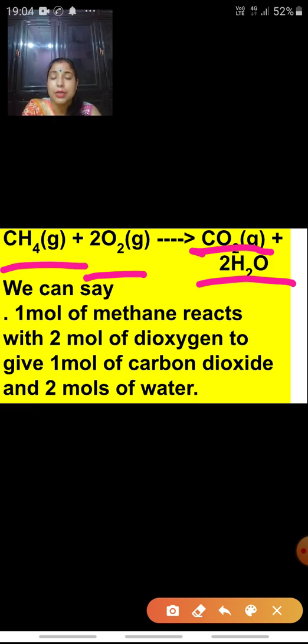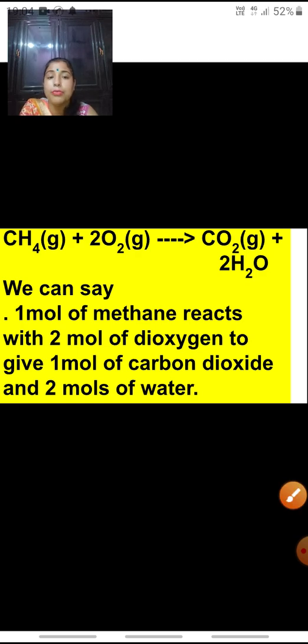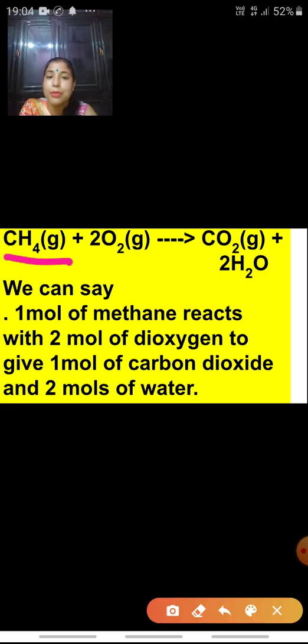Now, this equation, if I speak in terms of stoichiometry, I can say that 1 mole of methane is only 1 mole. See how I got to know? You should know that the number 2 written in front of oxygen and the number 2 written in front of water here are the stoichiometric coefficients.